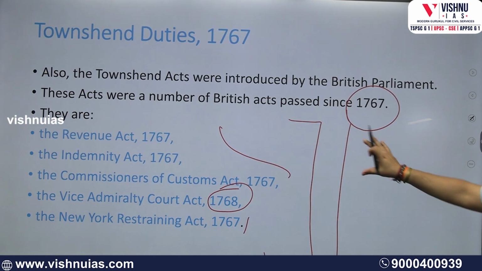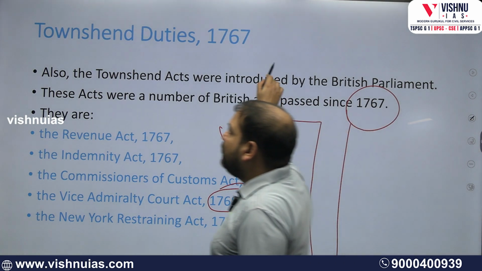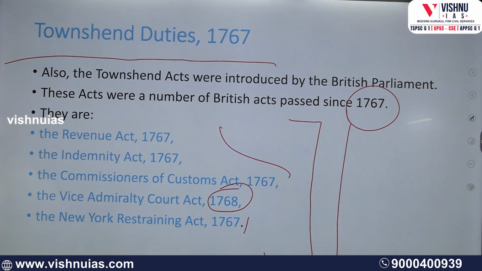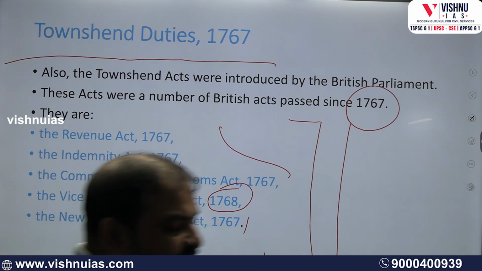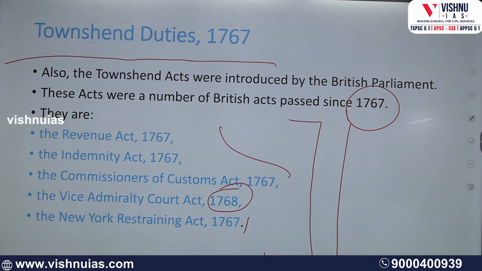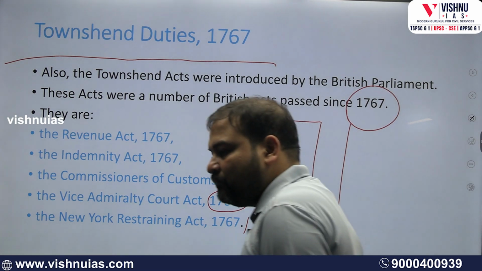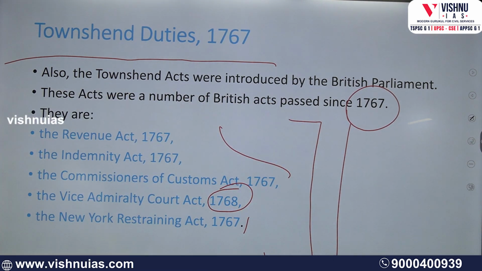Just write Townshend Acts. No need to write the 5 acts. Just write Townshend Duty, 1767. Under that write, since 1767, 5 laws were passed. You can leave space, later you can write these 5 laws.